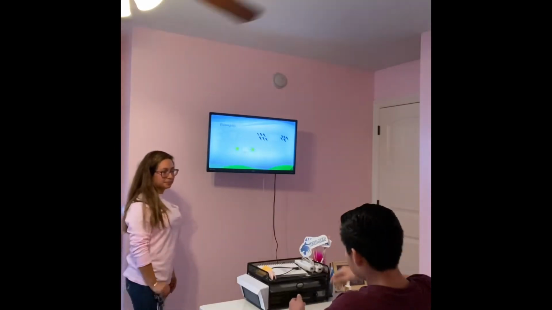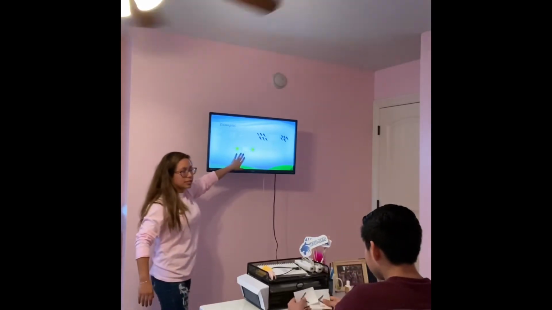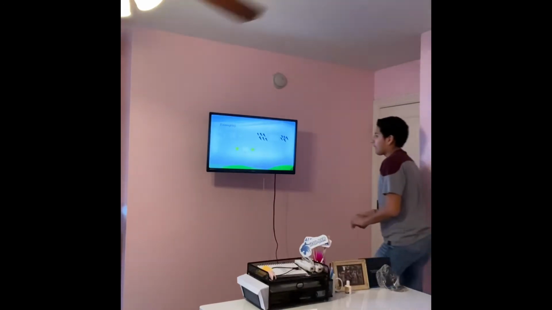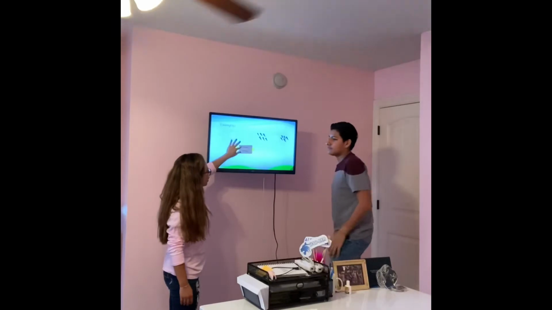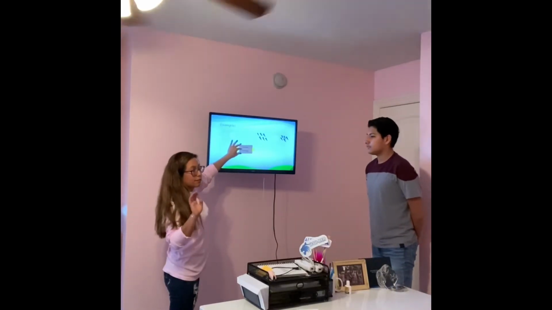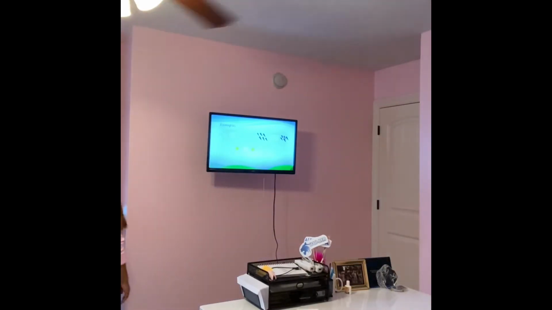Yes, that's going to be equal. Can you come and put your example up? Yes, correct. It's not going to know which one to eat, so the mouth is going to be facing forward. Thank you.